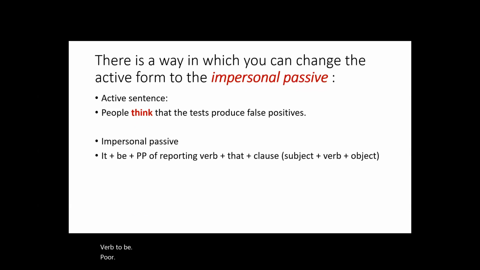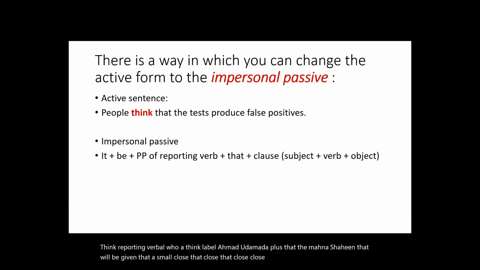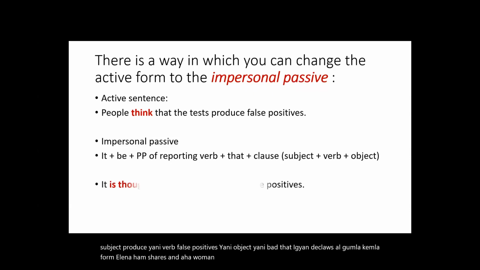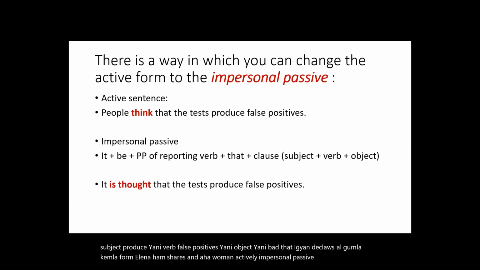reporting verb اللي هو think اللي بالأحمر قدامنا ده plus that زي ما احنا شايفين that، واللي بيجي بعد that اسمه الclose. that close. close هنا يعني الجملة كاملة، هتلاقي tests يعني subject، produce يعني verb، false positives يعني object، يعني بعد that يجي عندي close أو جملة كاملة. هو ده الفورم اللي أنا همشي عليه عشان أحول من active ل impersonal passive. اوكي، خلينا نشوف الإجابة.